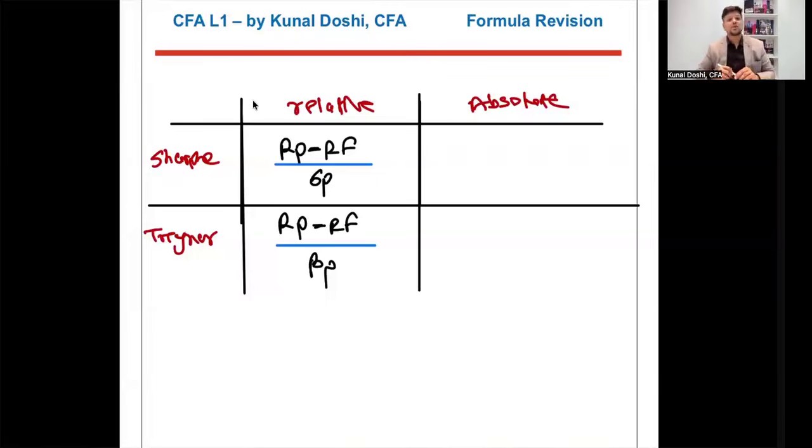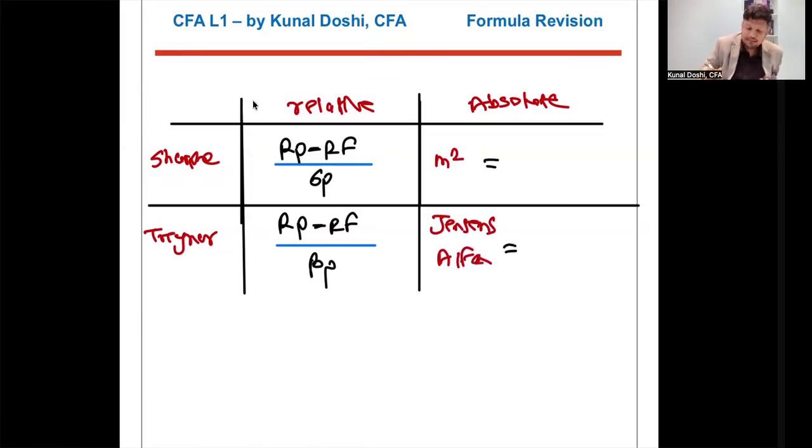Then the absolute measures. Absolute measures are M square and Jensen's alpha. We all know Jensen's alpha. What is M square? Do I need to memorize the M square formula? Honestly, my view is no, but if you want to, remember it is risk-free plus something similar to what we already did, portfolio minus risk-free over standard deviation of portfolio.